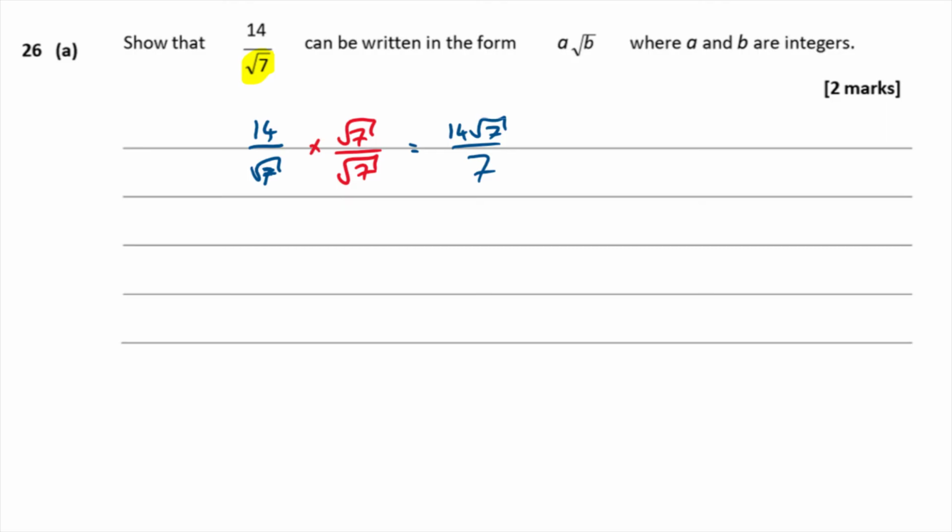But you'll probably see that my 7 down there cancels into my 14, and that leaves me with 2 root 7, and that is my answer in the form a root b. A is 2, b is 7. I don't have to write a and b, I just need to have it in that form, so that's all fine. Okay, let's move on.